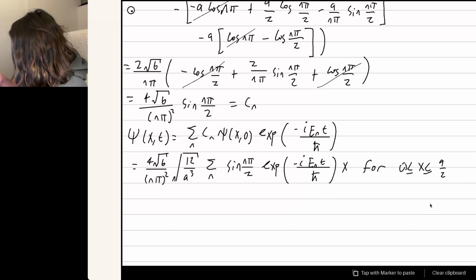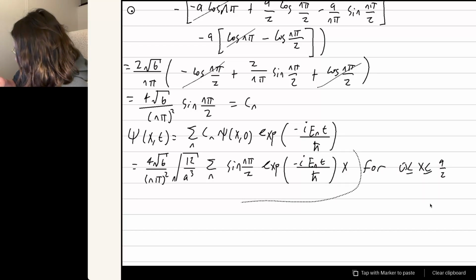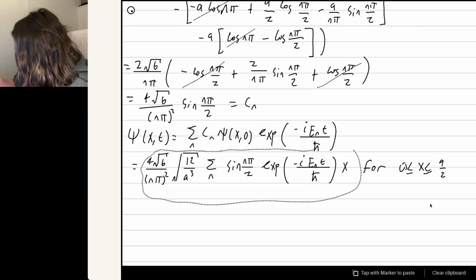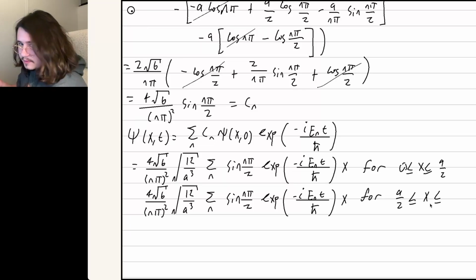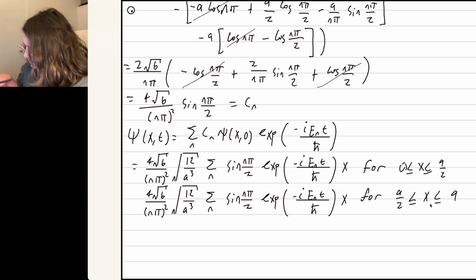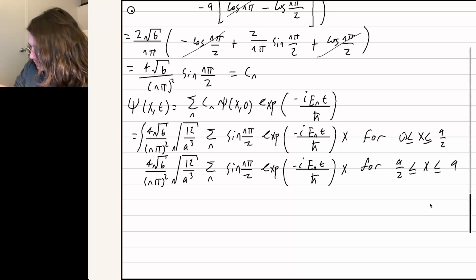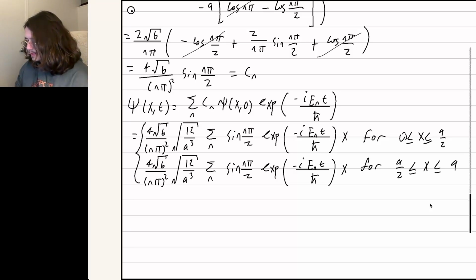So I'm just going to copy this down for a over 2 to a. Put a little curly bracket on there. Fantastic.